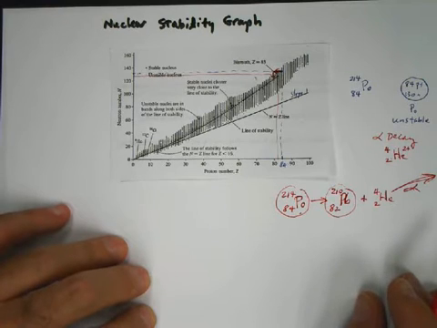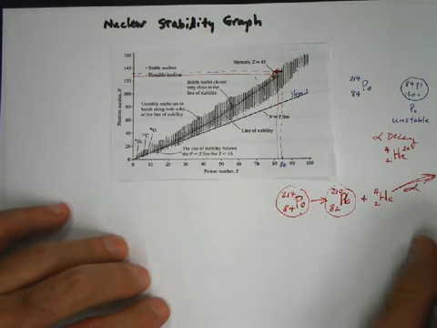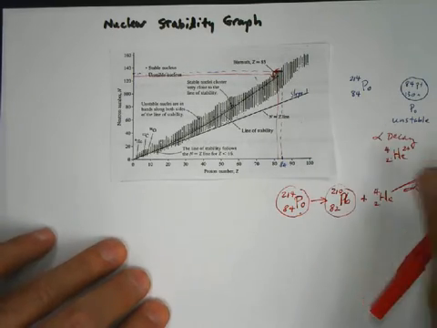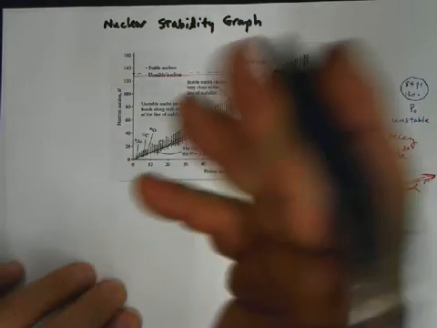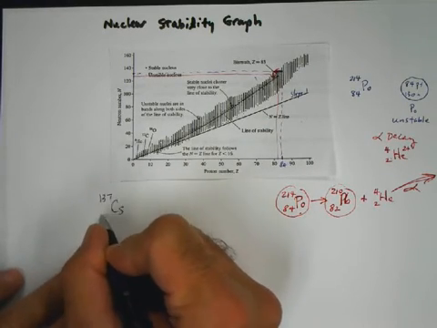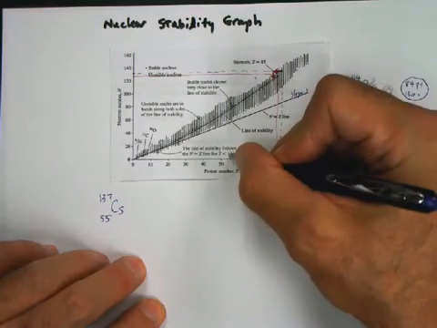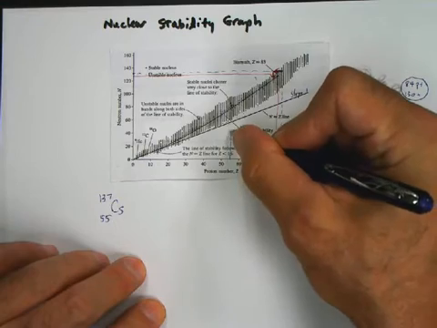Okay? Let's take another example. Let's look at cesium-137. I'll just write that here. Cesium-137 has an atomic number of 55. So I'll go to 55 and draw a vertical line upward. And then let's see how many neutrons.